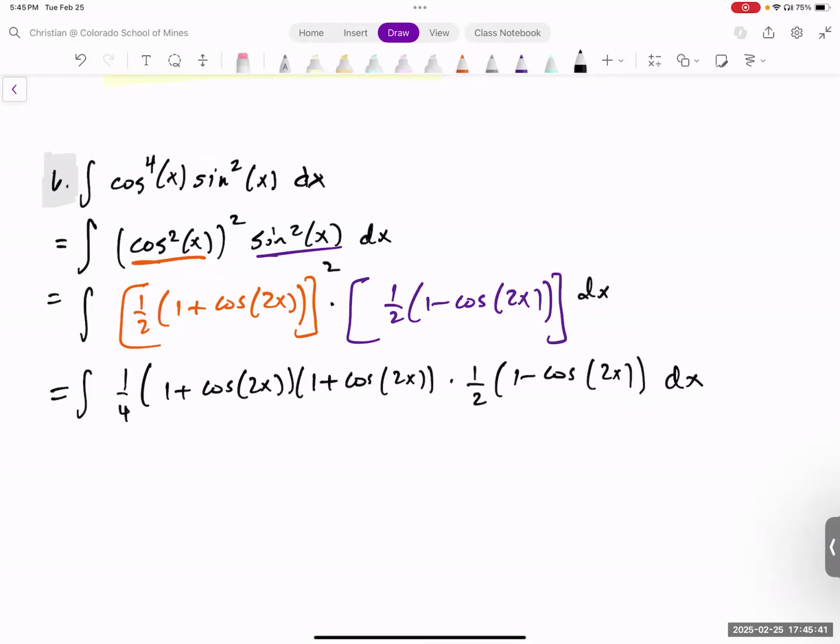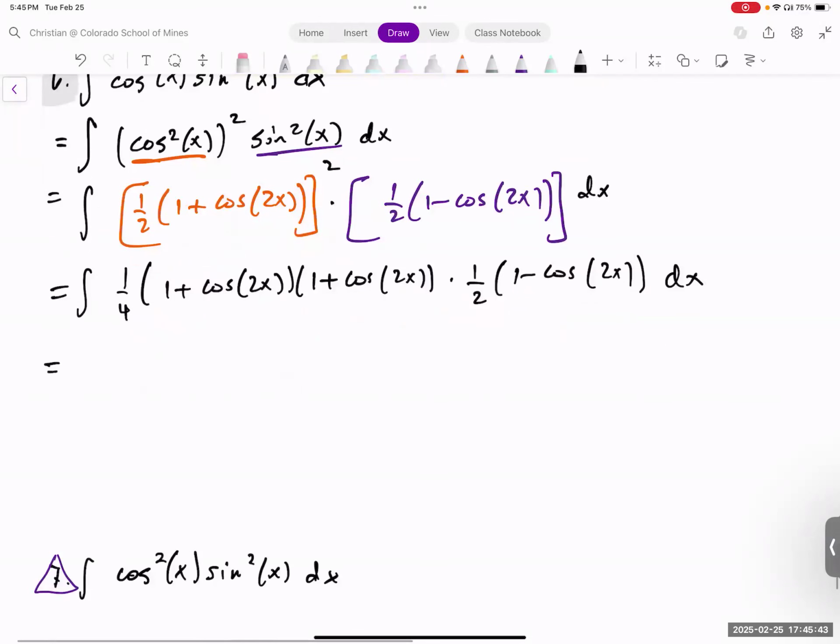And I guess it's not bad. You just got to be clever in how you work this, just how you decide what to multiply. So 1/4 and 1/2, that's 1/8. I'm bringing it outside. Then I'm not going to multiply these two yet. I'm going to keep one of them.